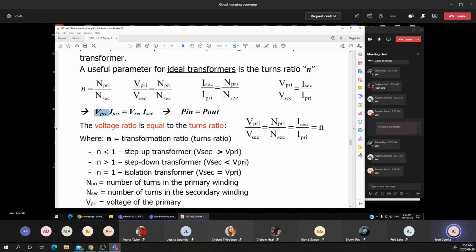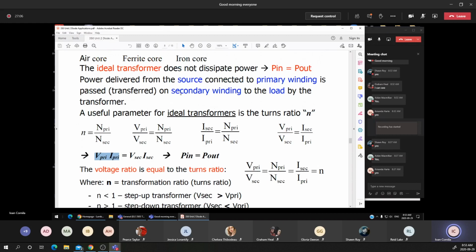If I'm looking at this equation, the voltage in the primary winding multiplied by the current in the primary winding is equal to the voltage in the secondary winding multiplied by the current in the secondary winding. It looks like the power in the primary winding is equal to the power in the secondary winding. You notice that I made this statement at the beginning. We are assuming that the transformer is an ideal machine, which means that the input power always equals the output power.